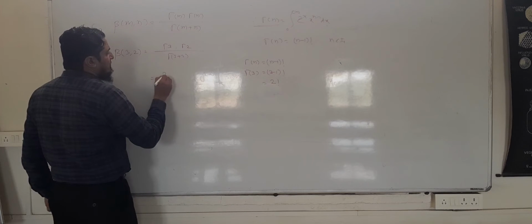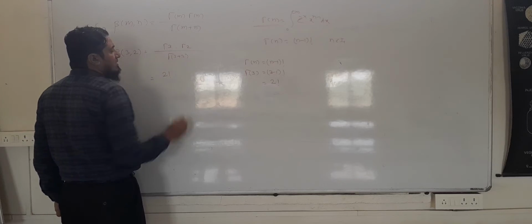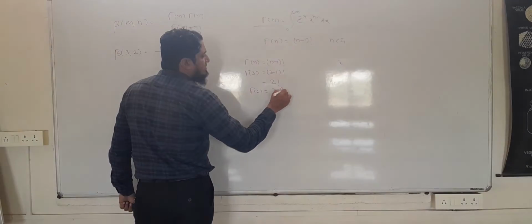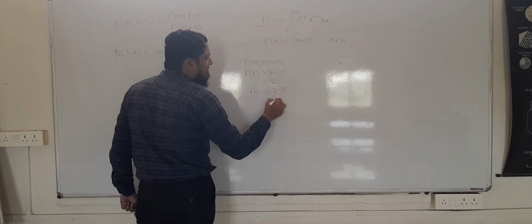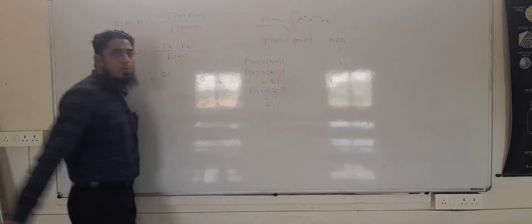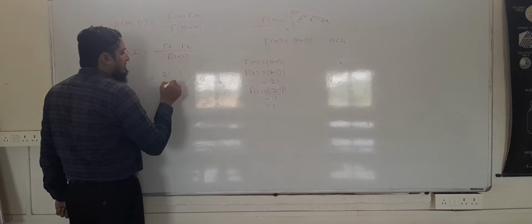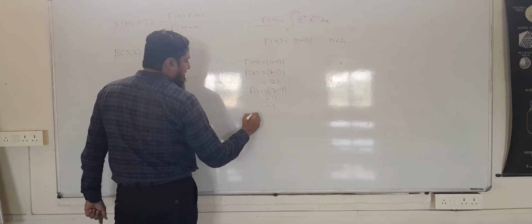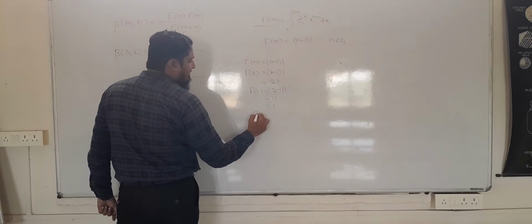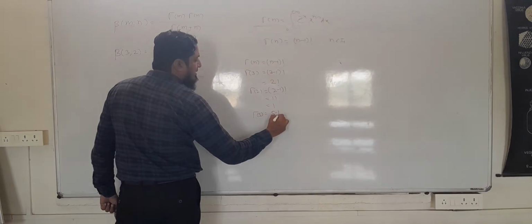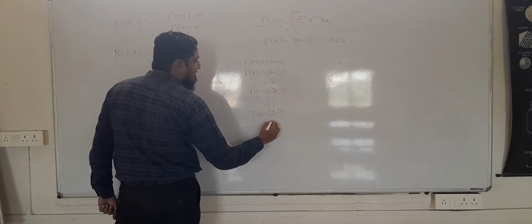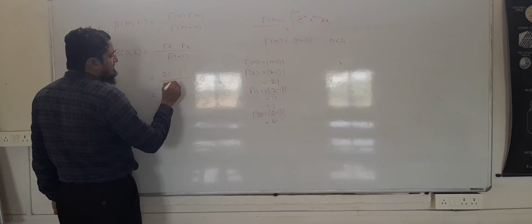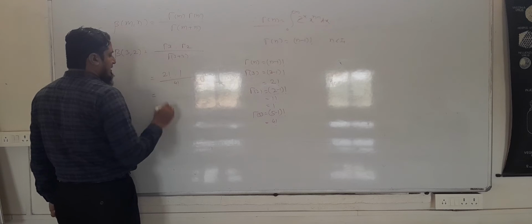You will get 2 factorial into gamma of 2, meaning 2 minus 1 factorial, upon gamma of 5, and 5 minus 1 factorial is 4 factorial. So we can write it as 4 factorial.